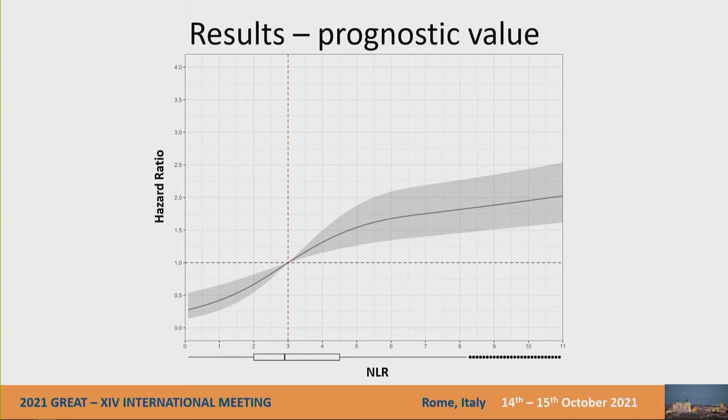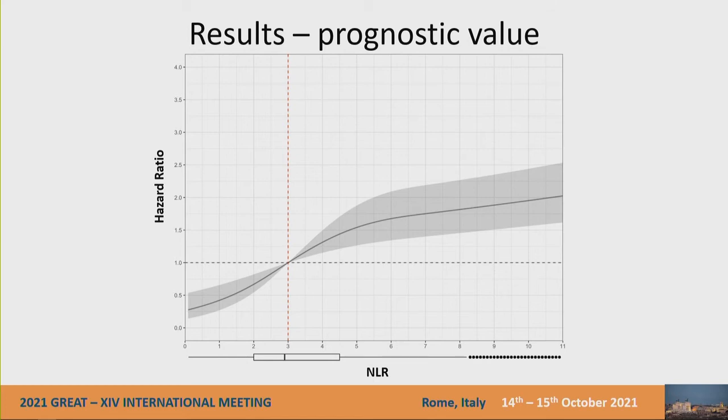To the prognostic value, here we can see a dose response plot which shows a restricted cubic spline and treats the neutrophil lymphocyte ratio in a continuous manner. The restricted cubic spline has 3 knots in order not to impose linearity.